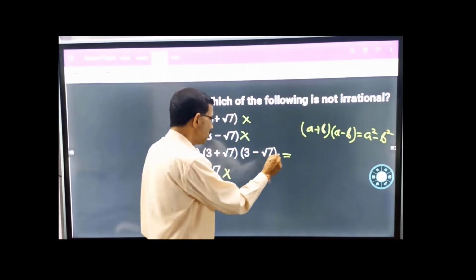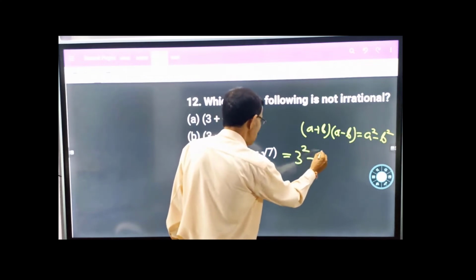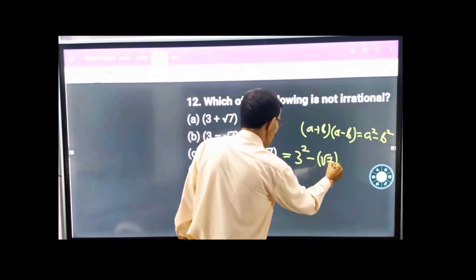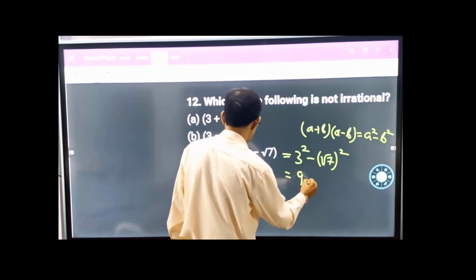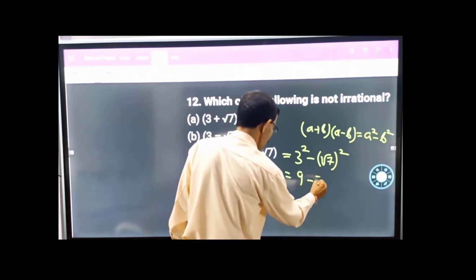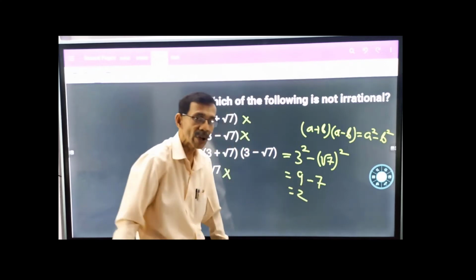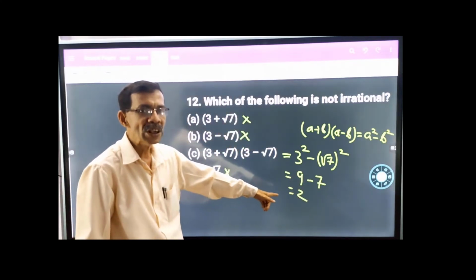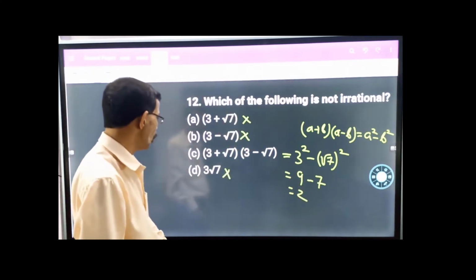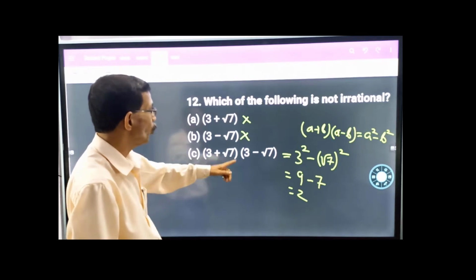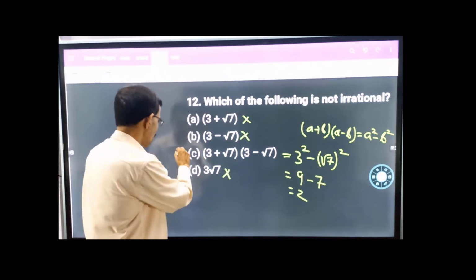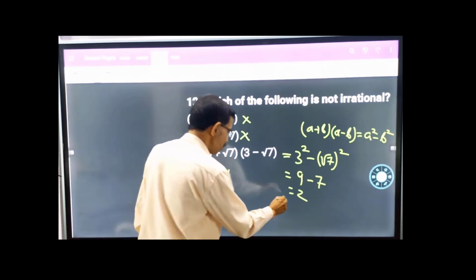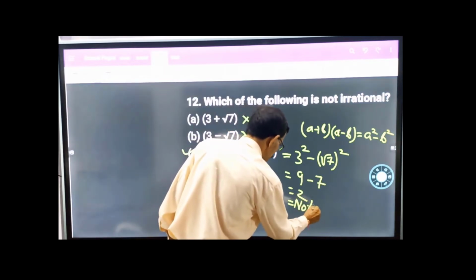So this will be 3 square minus root of 7 square. So this will be 9 and this will be minus 7. 9 minus 7 works out to be 2, and 2 is a rational number. So which is not irrational? So this is not irrational.